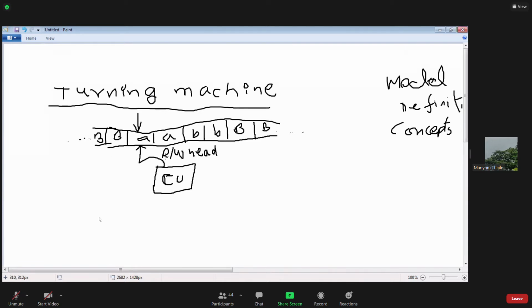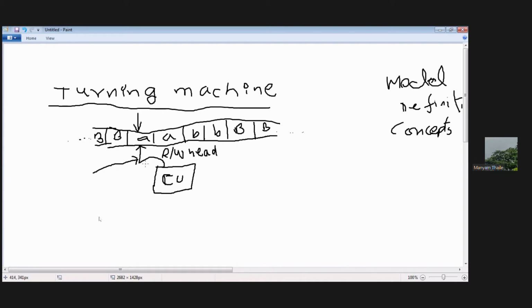Now the second is the read write head. This read write head is pointing to the current input symbol. As you studied in finite state machines and pushdown automata, there is a control pointer pointing to the current input symbol.